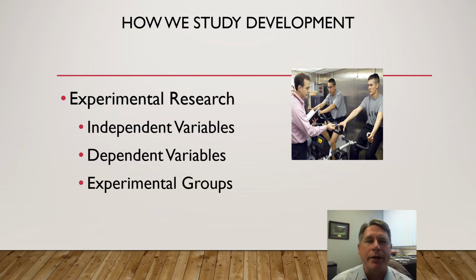An experimental group is any group that you expose the independent variable to. They have the independent variable placed upon them.